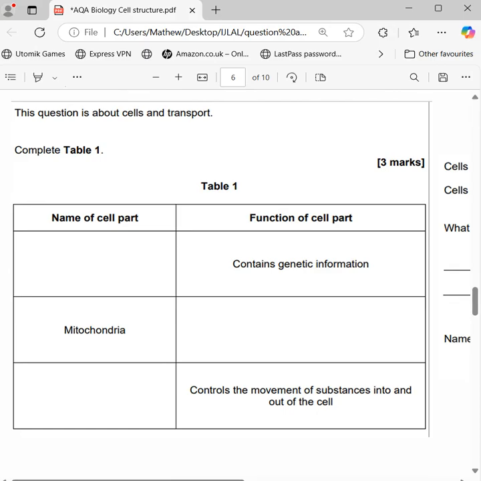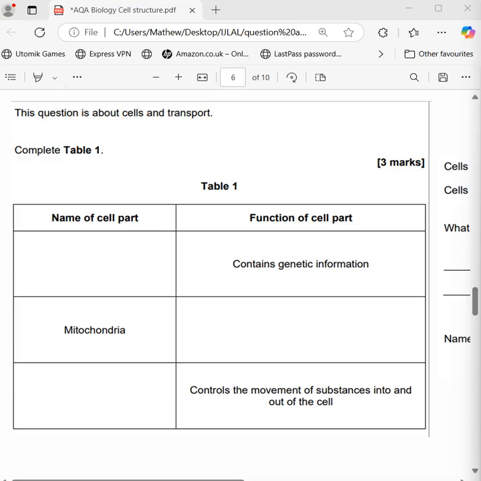Now, here we have another question. They said the question is about cells and transport. Name a cell part that contains genetic information.